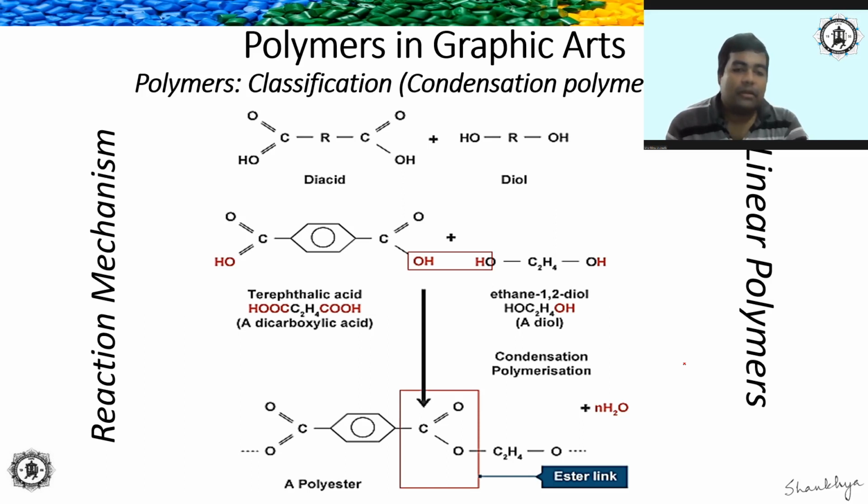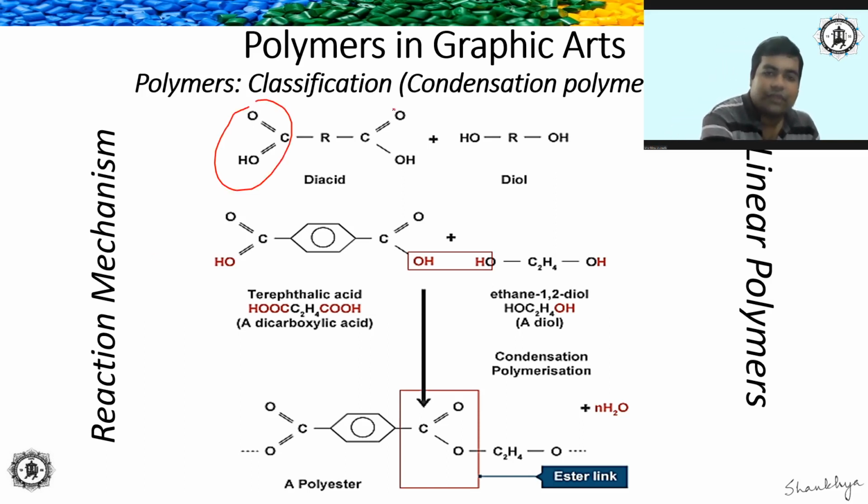In those reactions, we usually take a diacid and a diol, or a diamine if we are creating an amide instead of an ester. So here we are using a diacid and a diol. Why diacid? Because there are two acidic functional groups, and two OH groups in the diol.